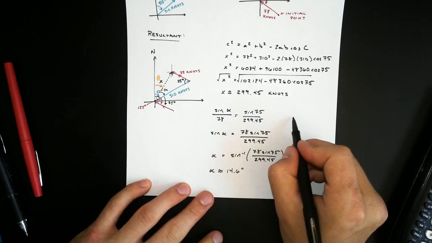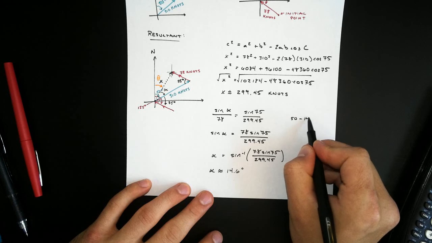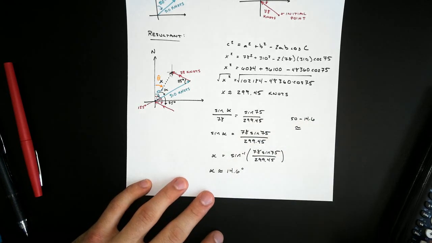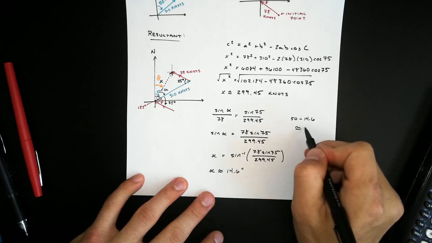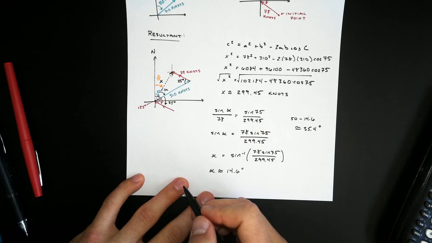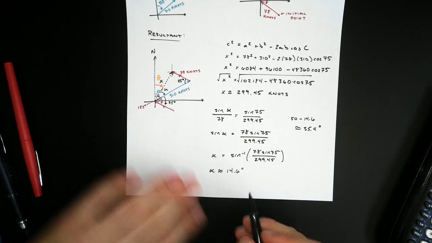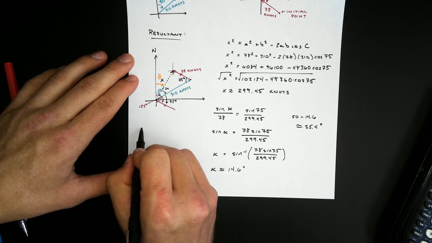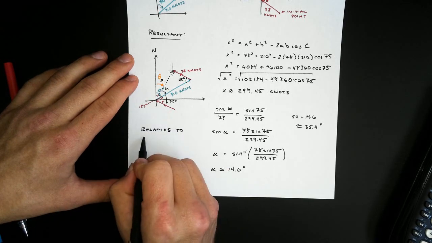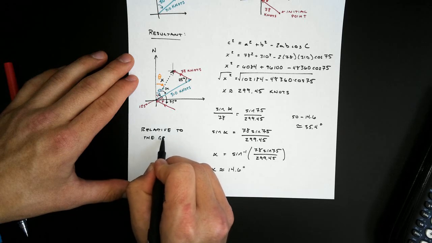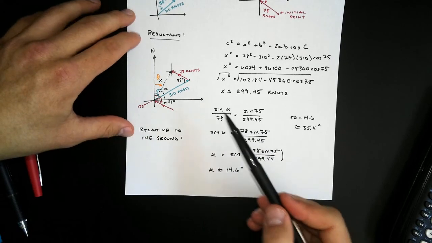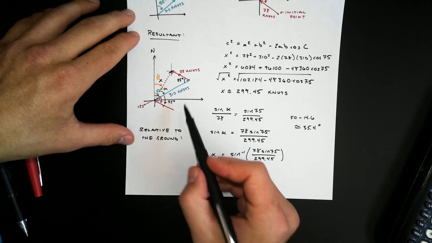What I'm looking for though is I want to take 50 minus 14.6. And then that angle, 35.4, is going to be our actual direction. So relative to the ground, because of that wind, the wind is pushing the plane a little bit.